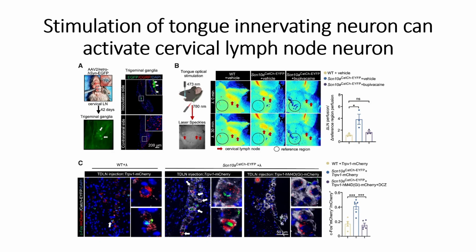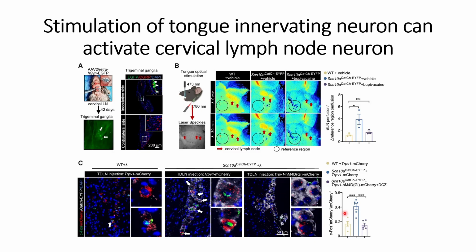However, when they transduce the cervical lymph node with hM4D, its basic job is to prevent neuron firing. So it will inactivate the labeled neuron, the mCherry labeled neuron. Because of the reduced mCherry labeled neuron and the reduced neuron firing, they are not able to see FOS induction.